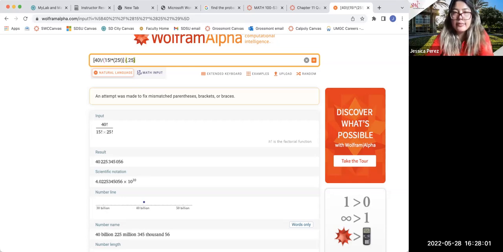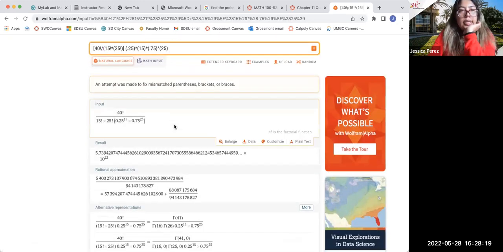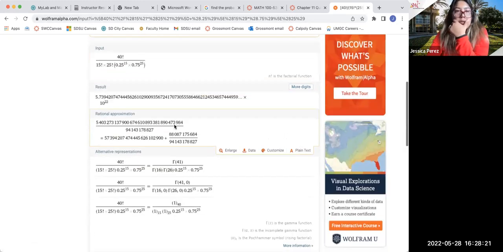0.25 raised to the 15th power, and then times 0.75 raised to the 25th power. Close that, and let's see if that works. And it still brings it downstairs.